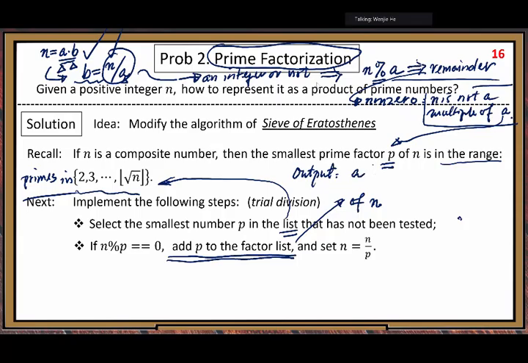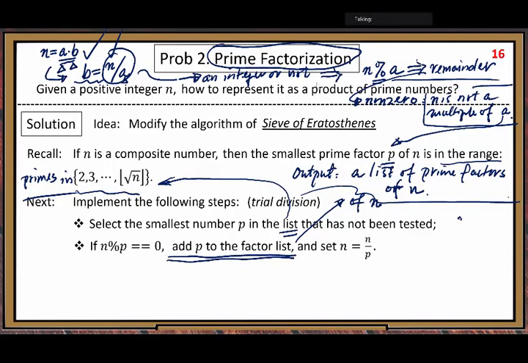A list of prime factors of n. So we add p to the factor list. That's the output. So we add it to our output list.